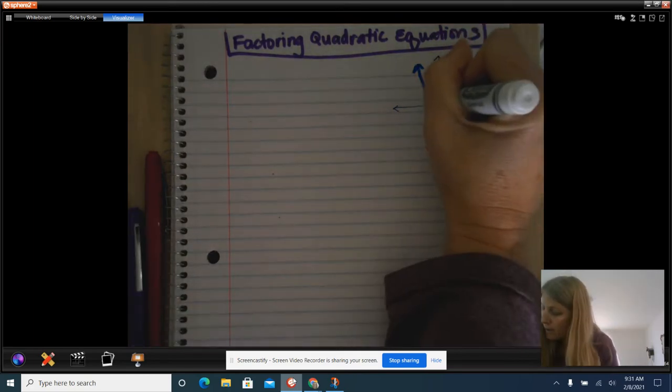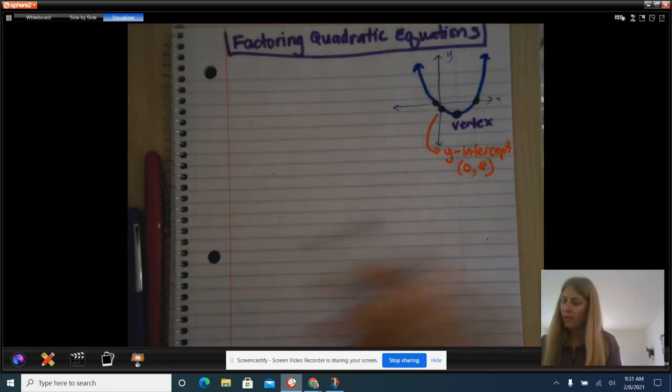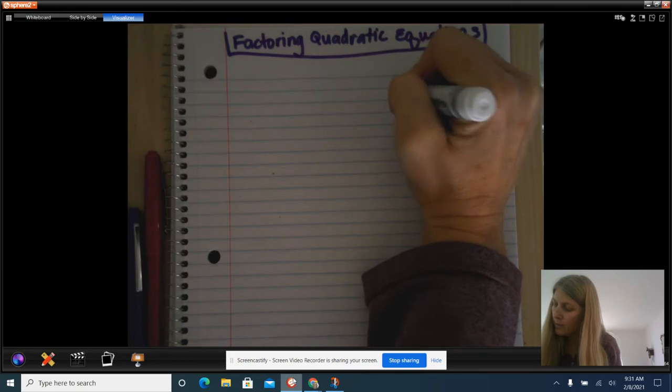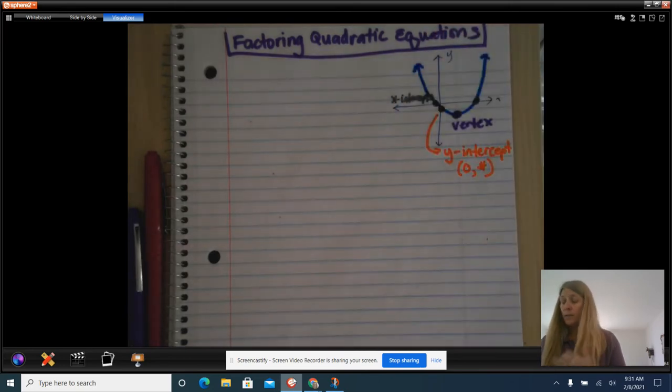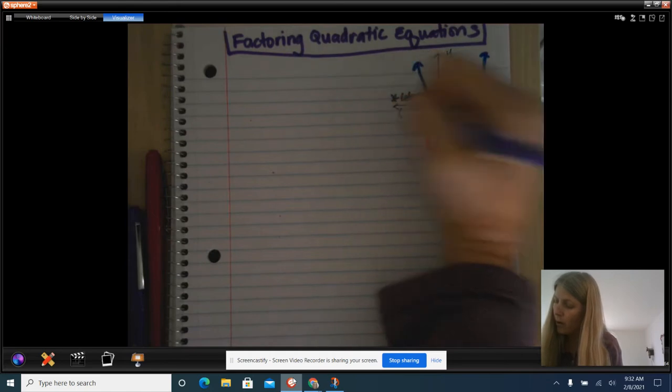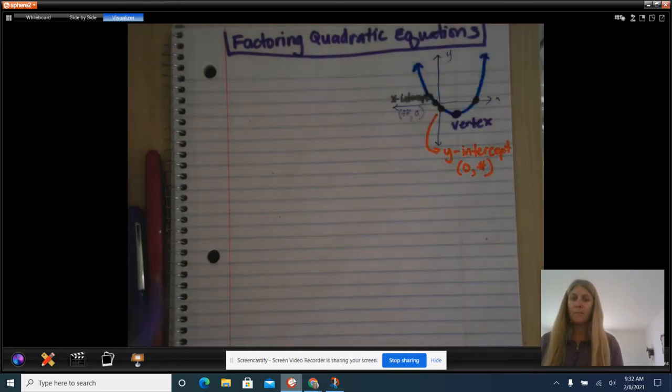Now, here and here, we have our x-intercepts. And it is where our parabola crosses the x-axis. And we know that our x-intercepts have a number for x and a 0 for y.